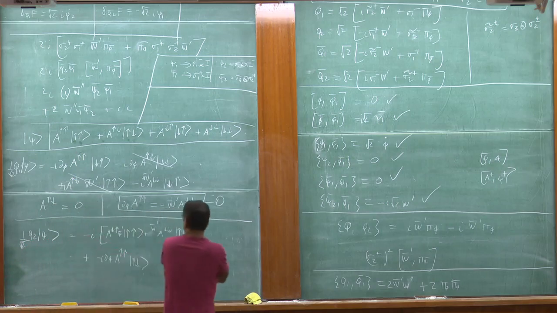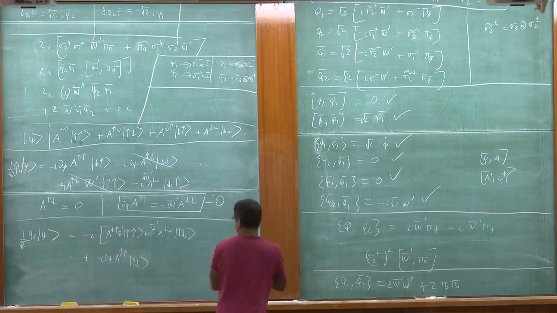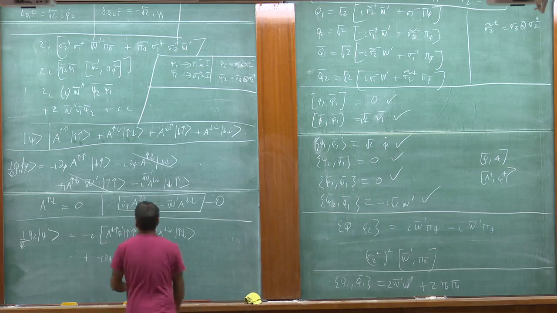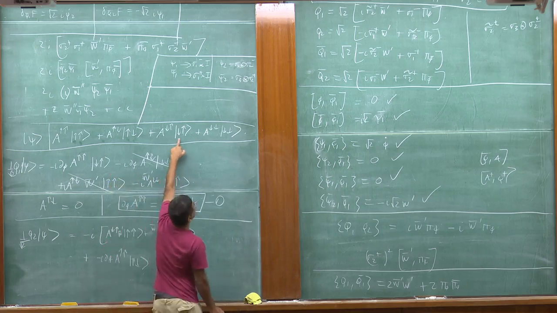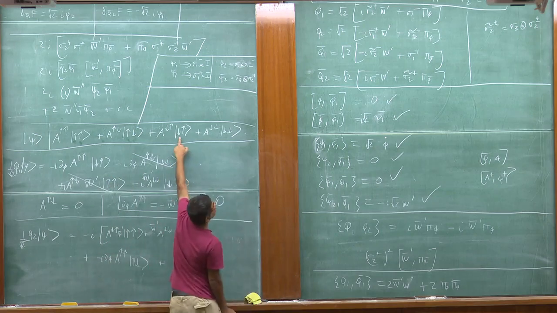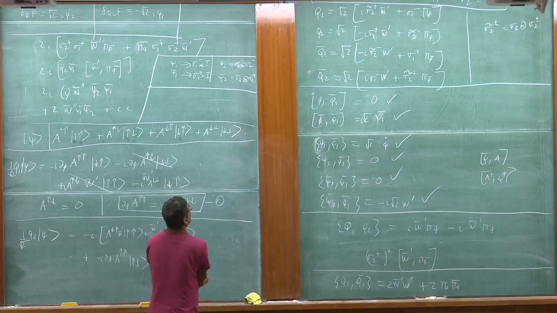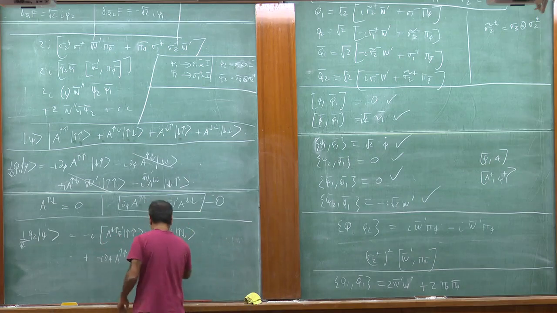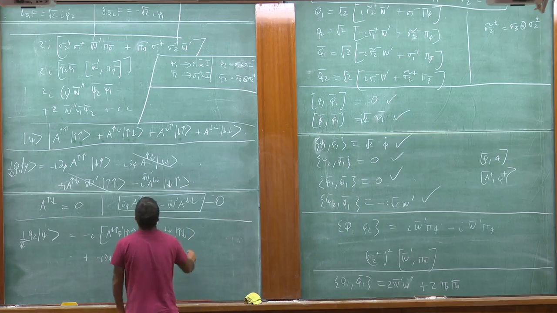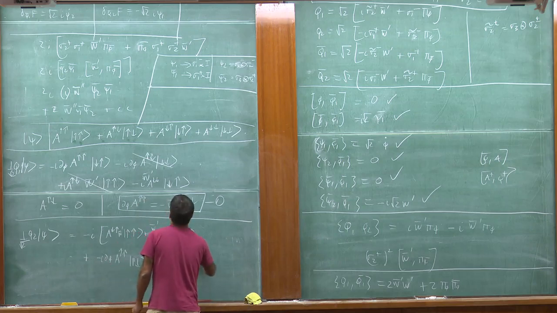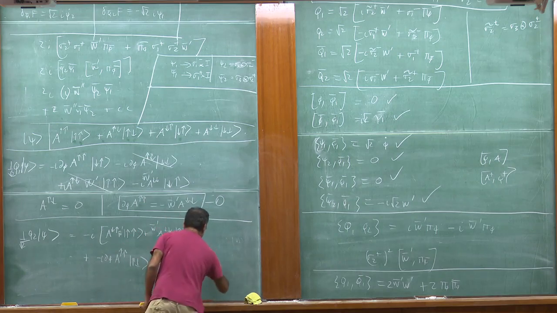And then finally the other one that contributes is the third term, because we have sigma 2 minus, but now we will get this with the minus sign. So plus I del phi, A down, up, down.